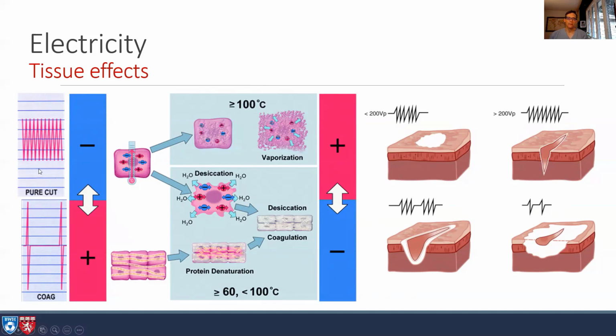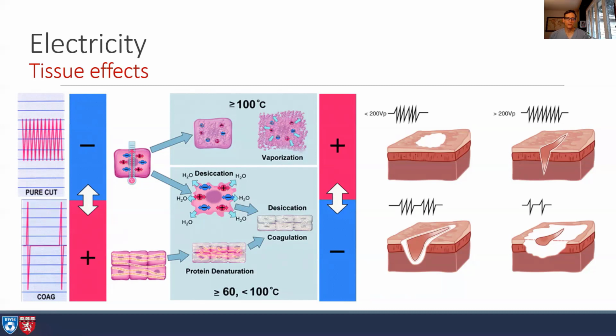It's intermittent, okay? It's not a continuous sinusoidal waveform. And this typically has much higher voltages, in the 1,000 to 4,000 range or more. This allows the cell temperature to increase more slowly, and this causes tissue to be devitalized when the temperature reaches above 60, and beyond 80, the proteins are denatured and coagulated, and the tissue shrinks and desiccates.